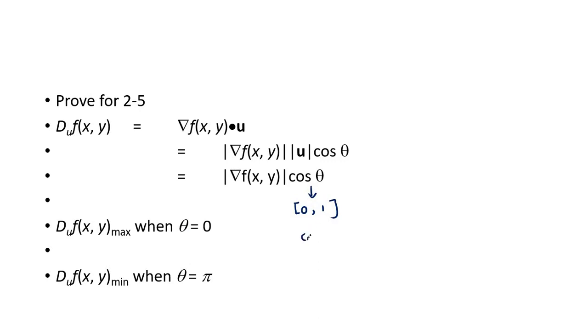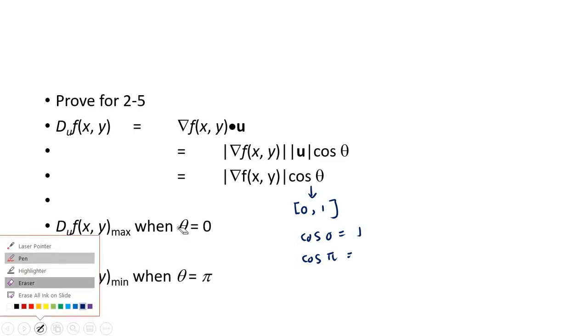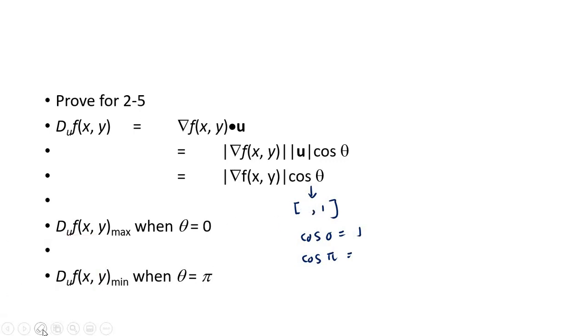It means cos 0 you get 1, cos pi you have negative 1. Cos theta takes values from negative 1 to 1. Cos 0 is 1, cos pi is negative 1.